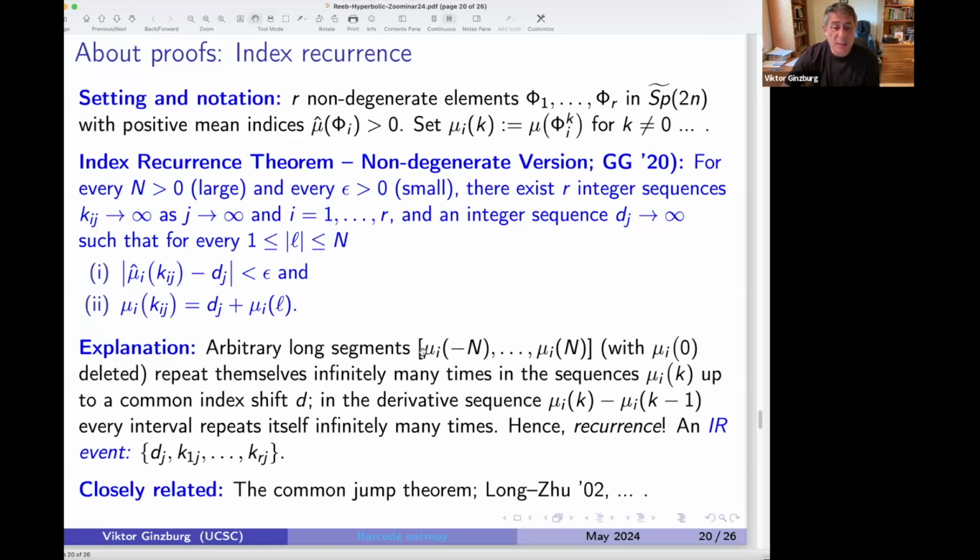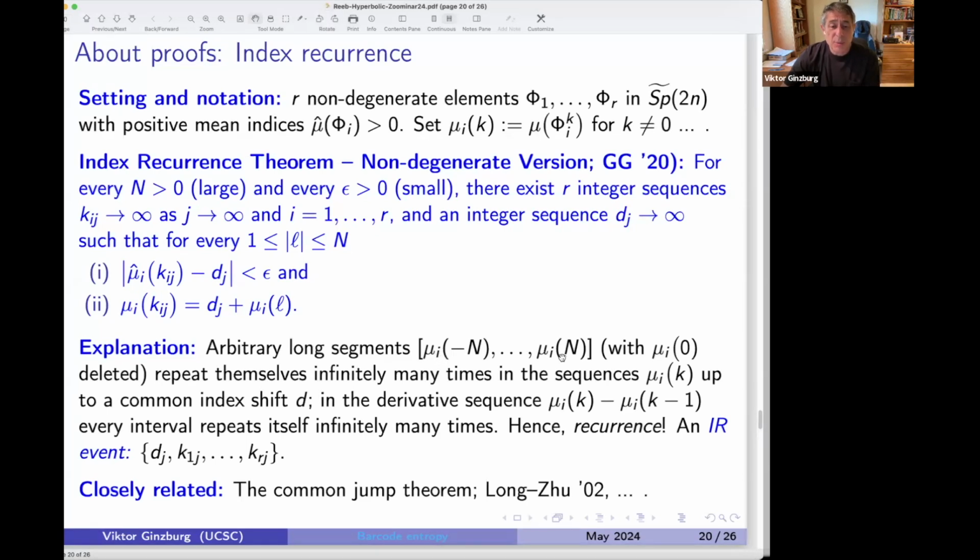Maybe the simplest way to do it is this. Let's look at the sequence of the indices, and let's look at an arbitrarily long segment in the sequence centered at 0. The index of the 0 iteration is not defined, so when k is equal to 0, I have here the index of the identity. I'm going to throw it away.